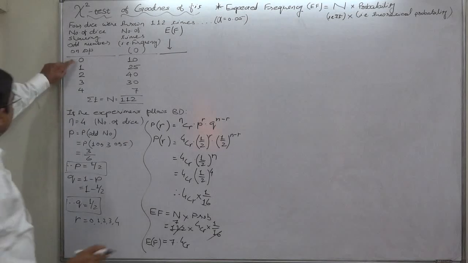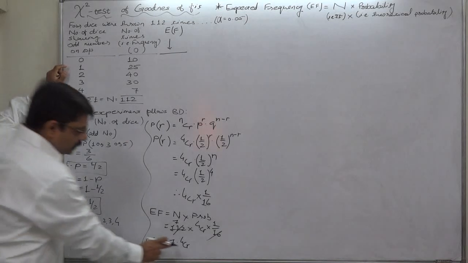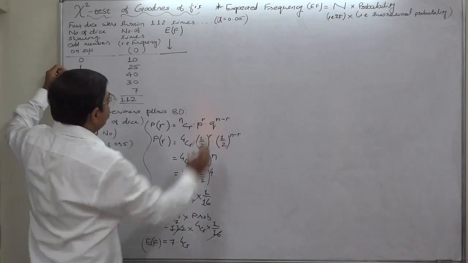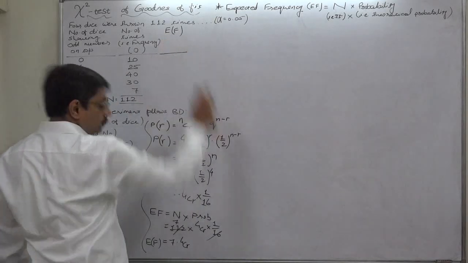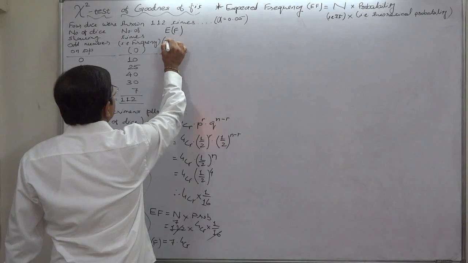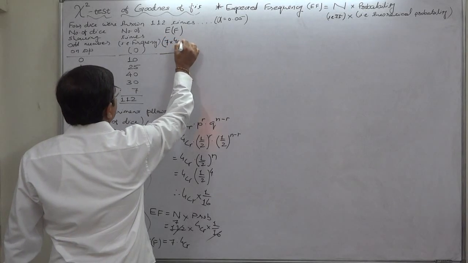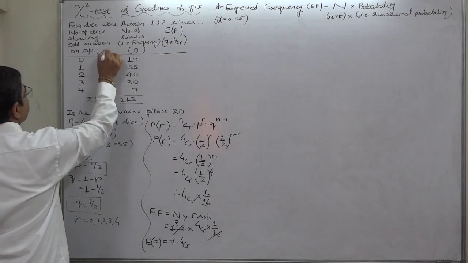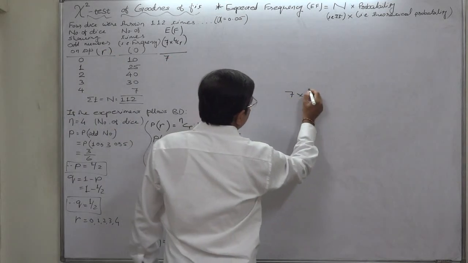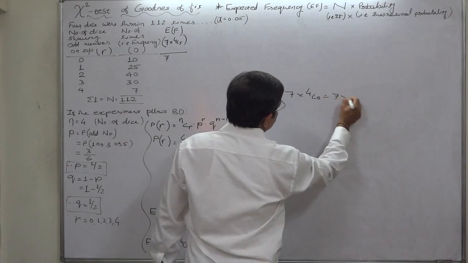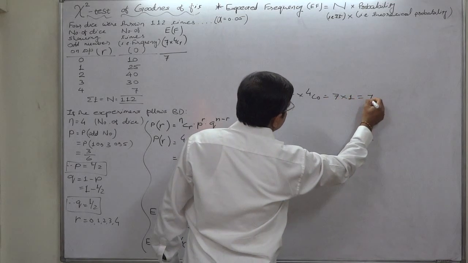If we take R as 0, 4C0 will be 1 and 7 into 1 will be 7.